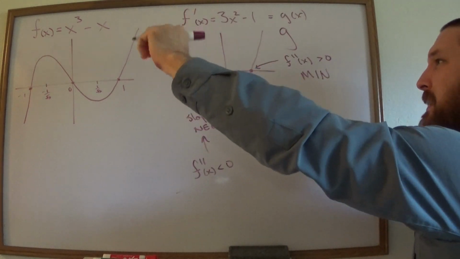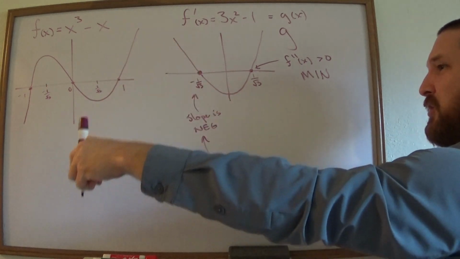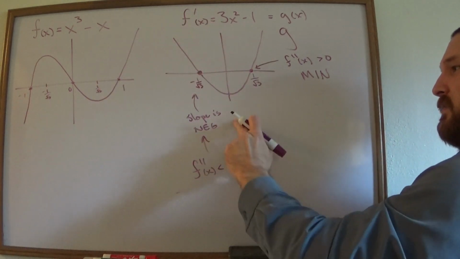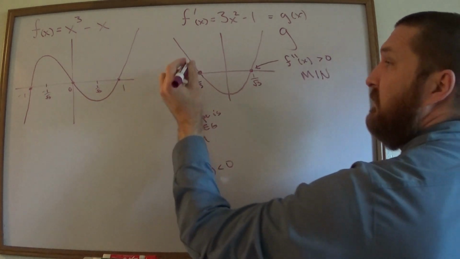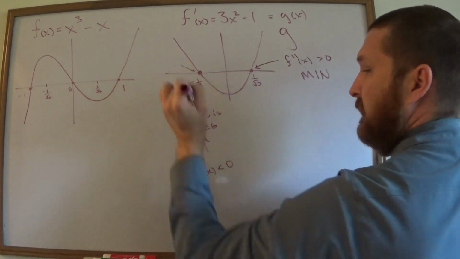You're going from a positive to a negative, which means that the slope itself is negative, which means that its second derivative is negative.